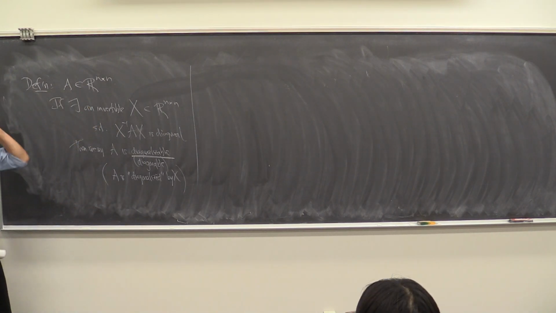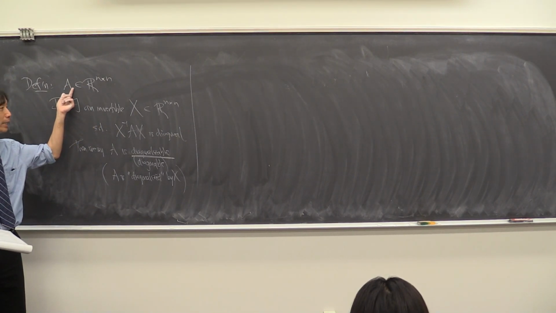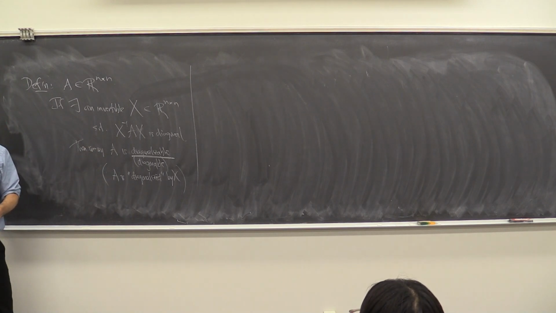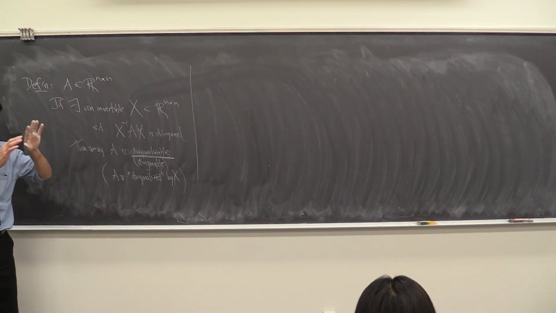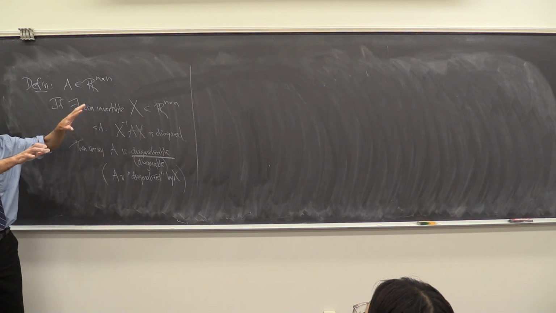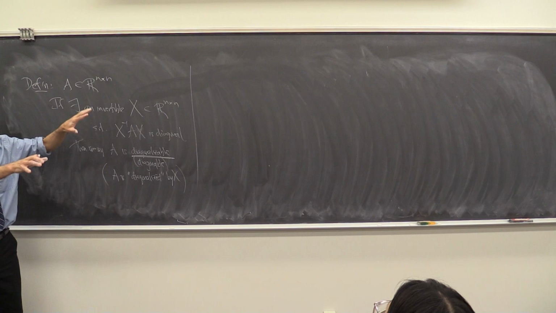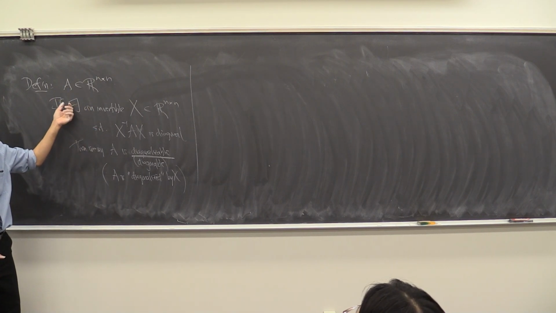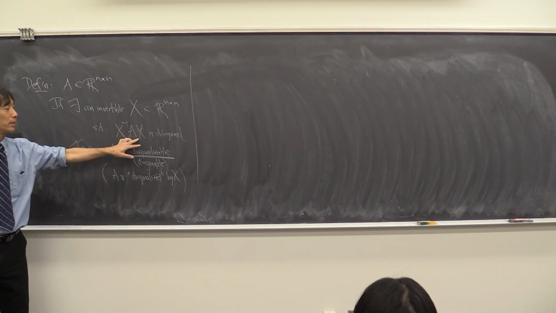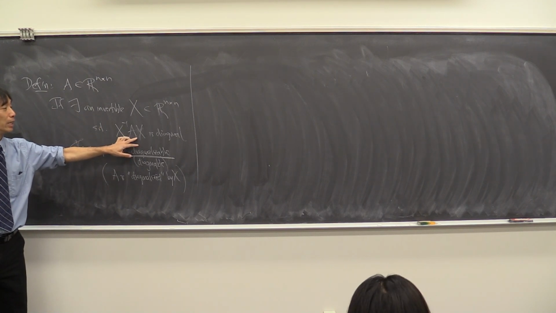It just means that A is similar to a diagonal matrix. Remember when we were talking about linear transformations, we said that each linear transformation corresponds to a whole equivalence class of matrices. This X inverse AX is just something in that equivalence class.